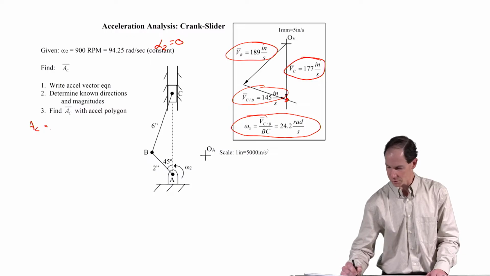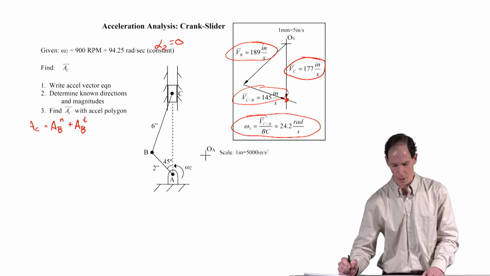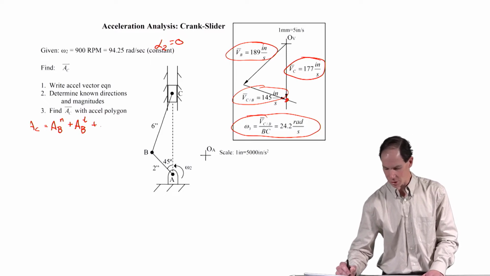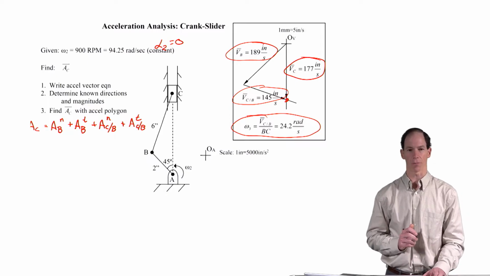The acceleration of C is equal to the acceleration of B, and this will have both normal and tangential components, so the centripetal and the tangential. And then I will look at the acceleration of C with respect to B, both the normal and the tangential components of that. So that is now my acceleration equation.